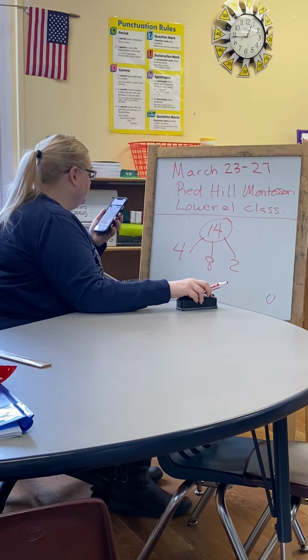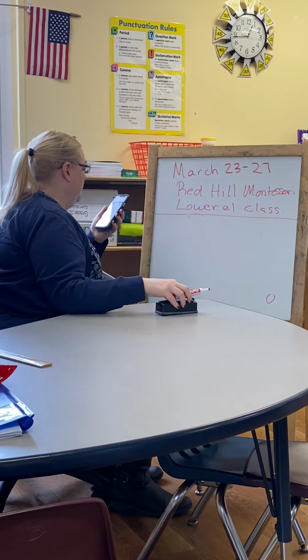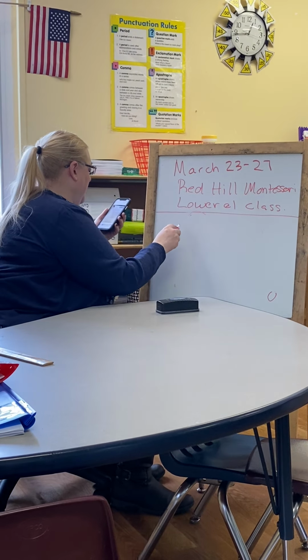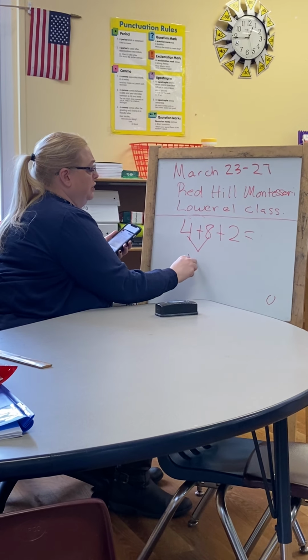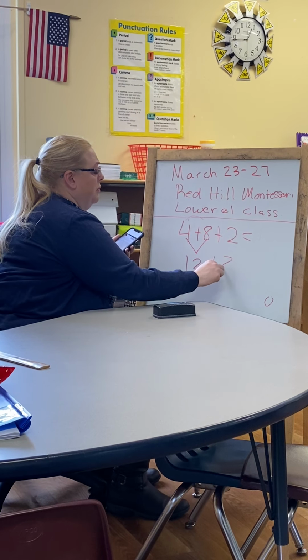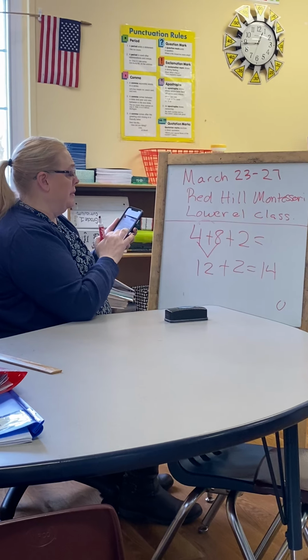Or we could do the other option, which is to write out an equation. 4 plus 8 plus 2 equals, we know that 8 plus 4 is 12, plus 2 more equals 14. So we can solve the problem that way as well.